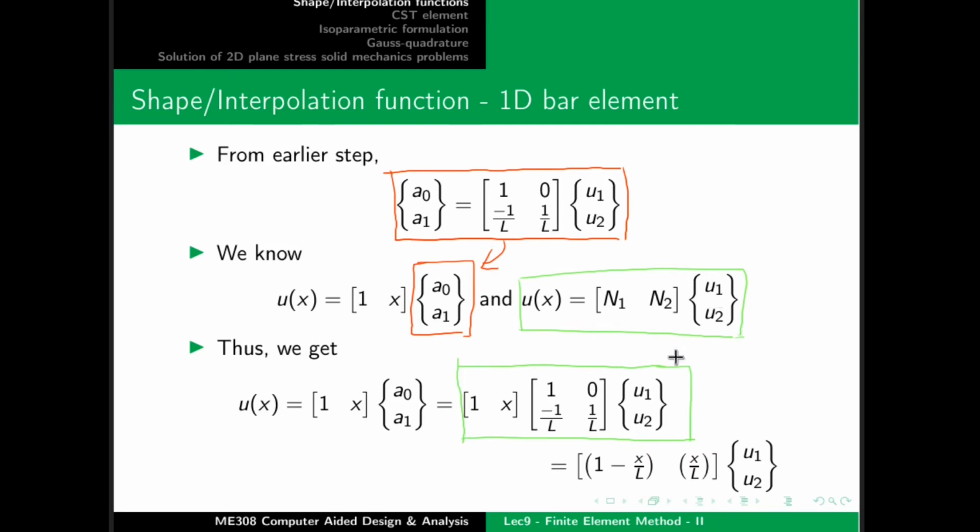Both are the same. So you can find that this N1 N2, the shape function matrix, is actually the product of 1 x and 1 0 minus 1 by L 1 by L. So the product of these two matrices will be equal to our shape function matrix.